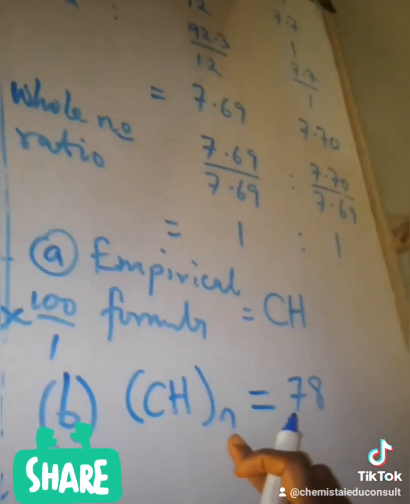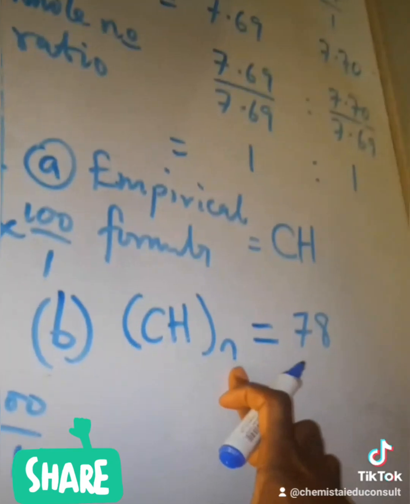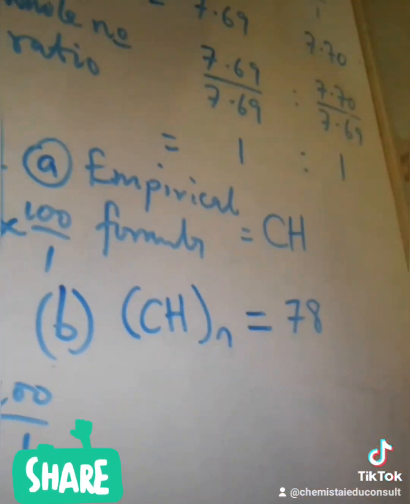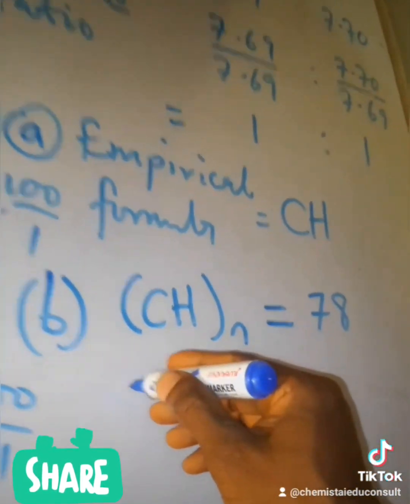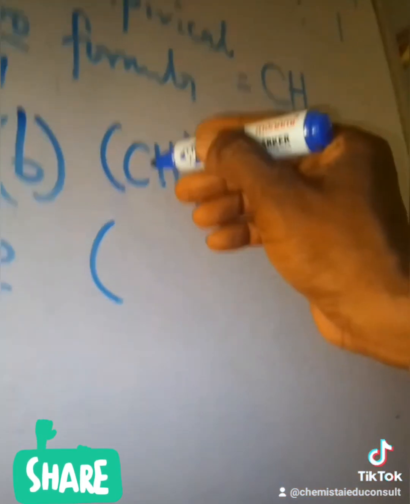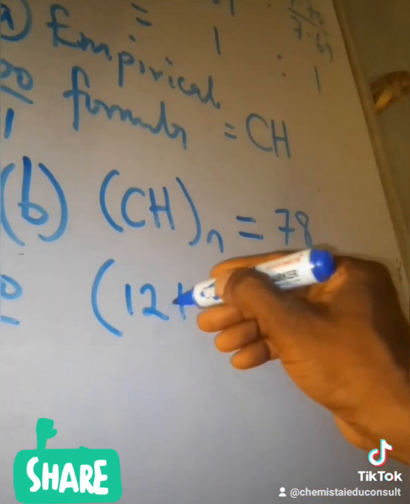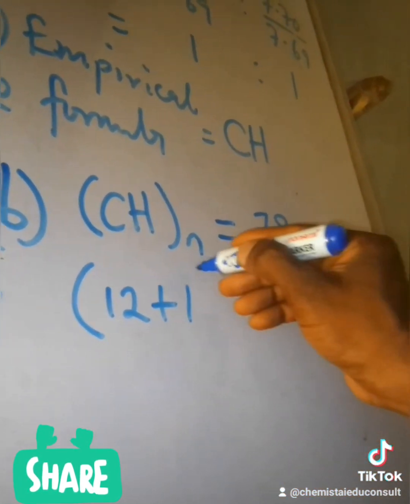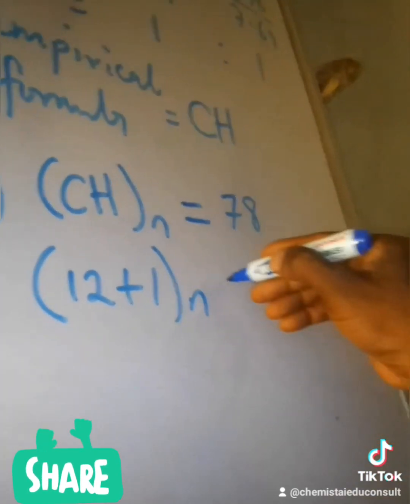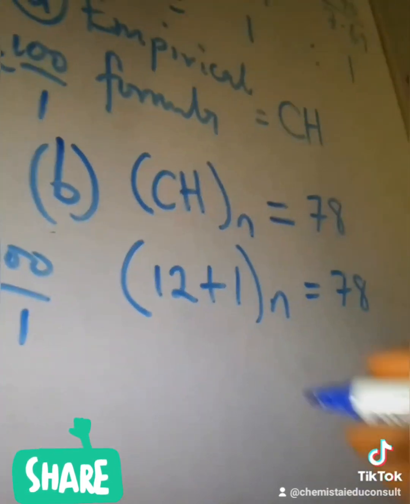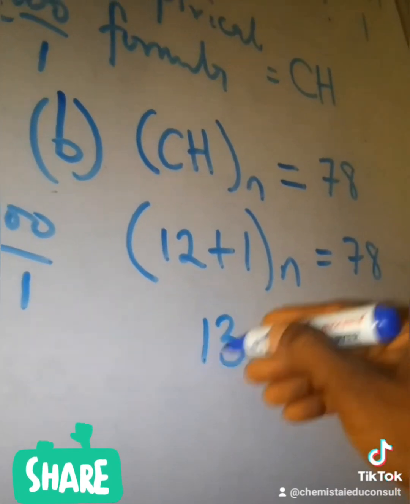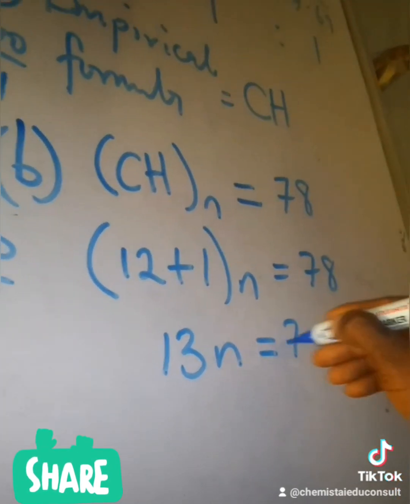So we are going to look for the value of n so that we multiply it by everything inside to get the molecular formula. Remember that the atomic mass of carbon is 12. Atomic mass of hydrogen is 1. And we have n outside equals 78. 12 plus 1 is 13. So we have 13n equals 78.